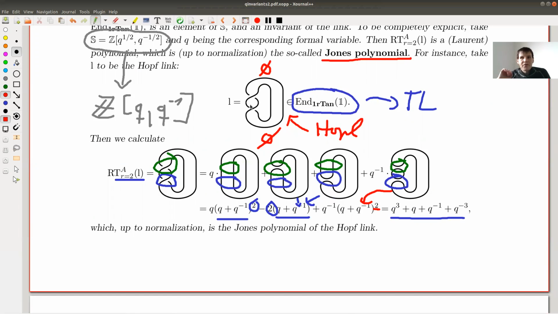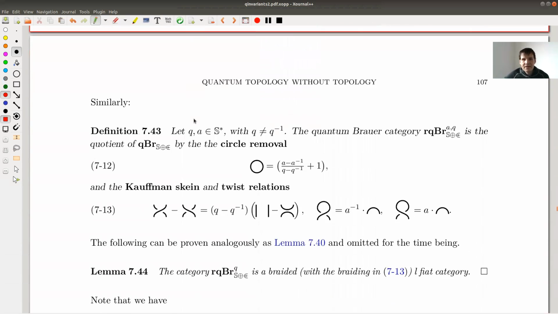It's really beautiful. It's easy. It gives you an invariant from the machinery you have developed so far. It's just a functor from ribbon tangles into this braided pivotal category we discussed. So we are there. We finally have a quantum invariant, and that's amazing, right?